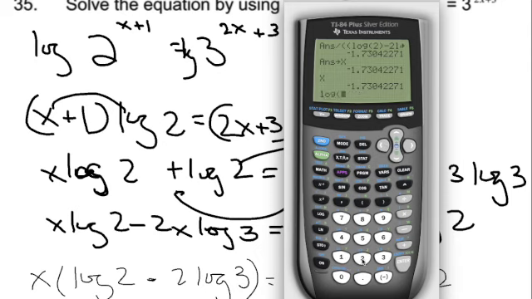The logarithm of 2 raised to the X plus 1. Okay, something's not going to work here. I don't trust this one. I'm going to close parentheses here instead. That's not good either. Let me go back to here. Then raise parentheses here. Okay, raise that to the x plus 1.